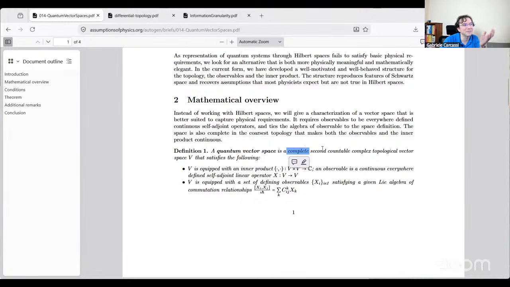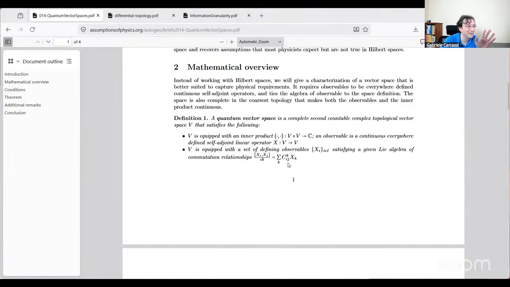And complete just means that if I have a limit that respects everything good, then that is also a state. So if all the limits converge, then the thing is a state, which is what you also have in a Hilbert space. So the problem of the Hilbert space is that the topology is generated by the inner product. That's the whole thing that kills it.